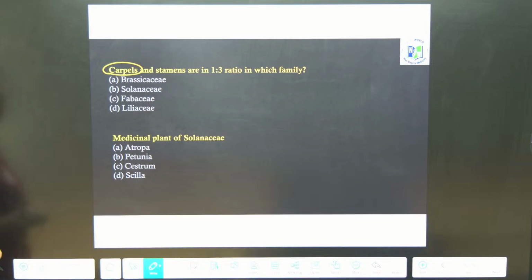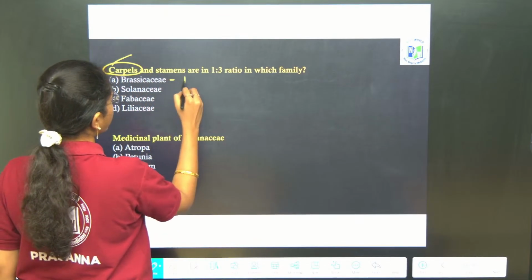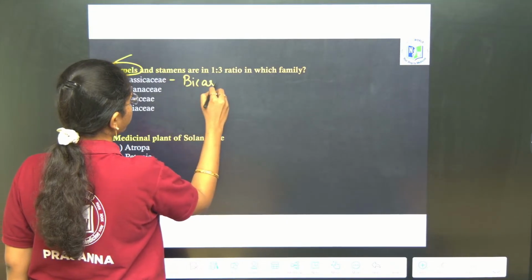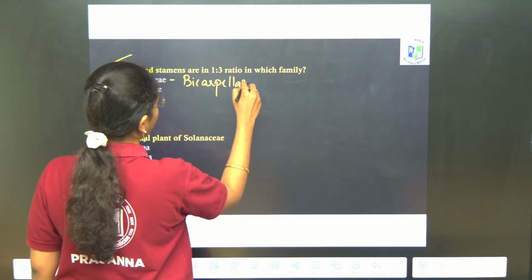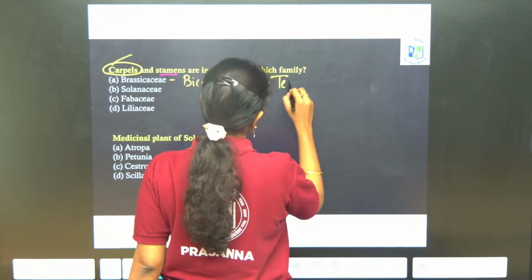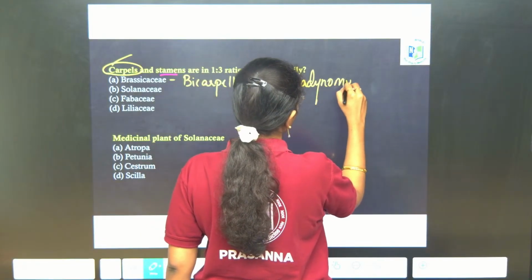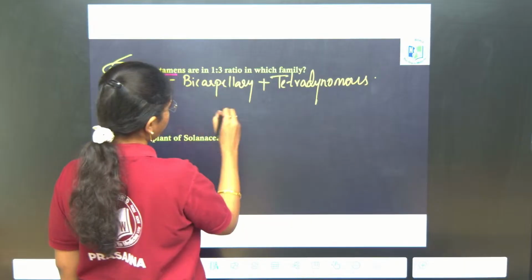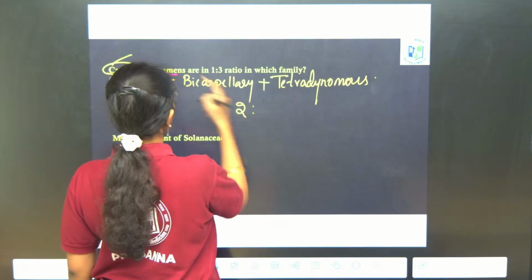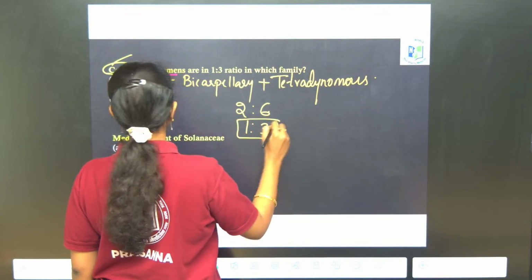Look into that answer carefully. In Brassicaceae members, it is bicarpellary, and tetradynamous condition of stamens. So, here it is bicarpellary, which is 2, to tetradynamous condition, which is 6. So, it is 1:3 here.